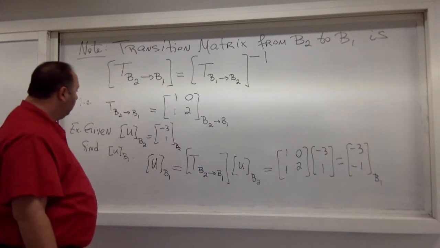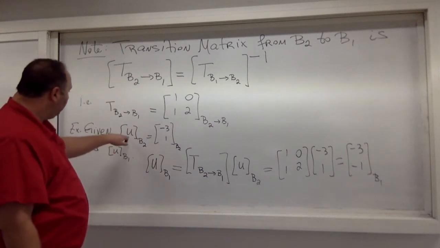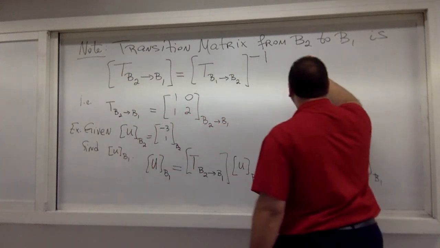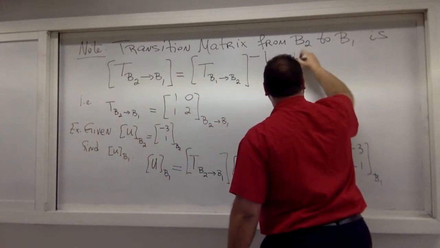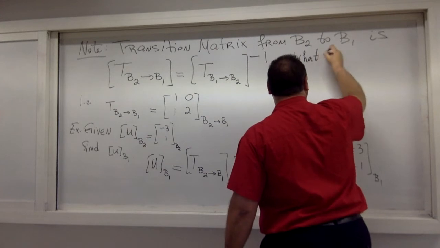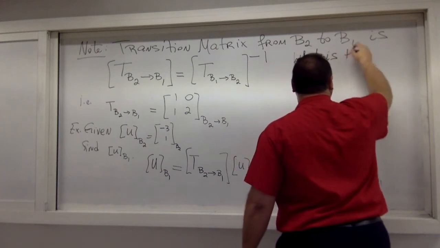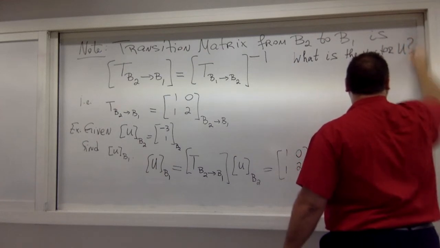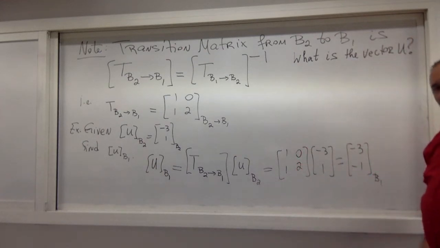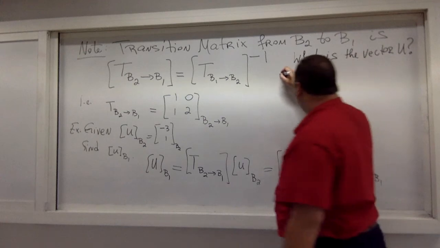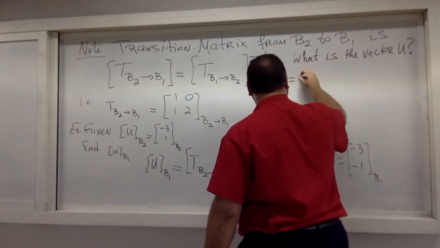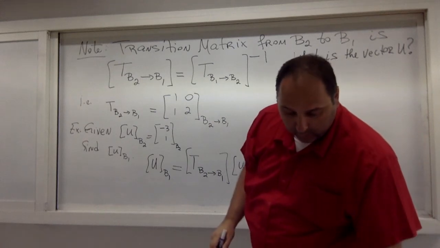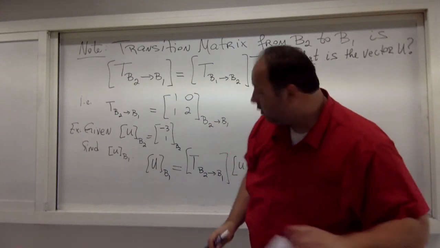Just for fun, I'm still wondering who's U. Who's the vector U? We said, well, U is minus 3 times the first vector of B2.